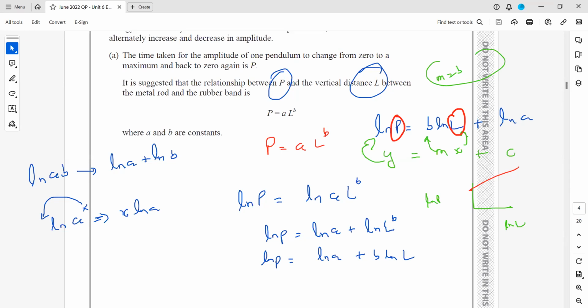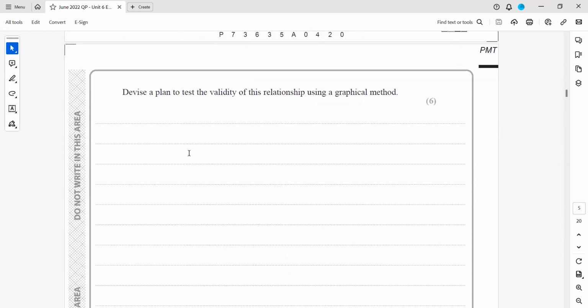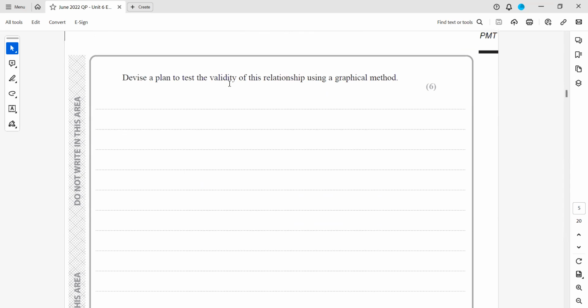Then we'll repeat the experiment with different values of L, like 3 values or 5 values minimum, take ln L and ln P, and plot a graph between ln P and ln L, and the gradient of this graph will be equal to B. So this is how you devise the experiment, because devise the experiment means how you plan this experiment or do this experiment.